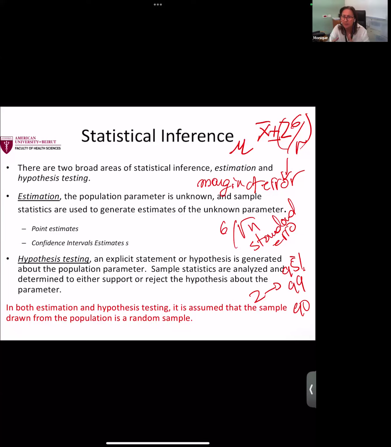You take a random sample, you collect data, you generate a sample statistic, P or mu, and then you determine whether that sample statistic supports or rejects the hypothesis about the parameter. So is it true that the AUB population has a proportion of smoking more than 30%? Is it true that the mean body mass index of the AUB population is less than 20 kilograms per meter square? This is hypothesis testing.